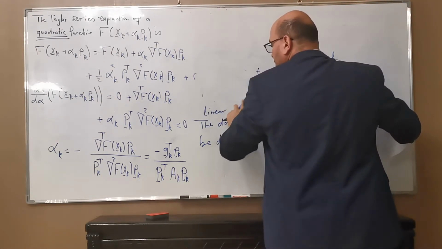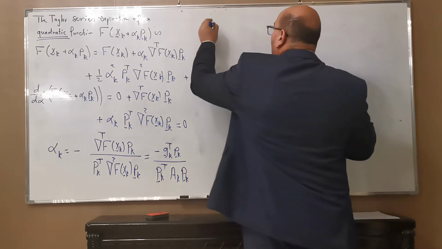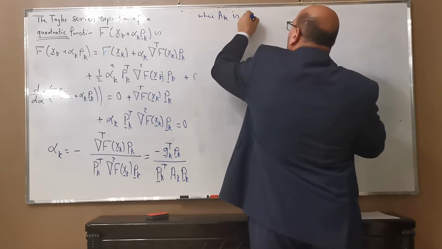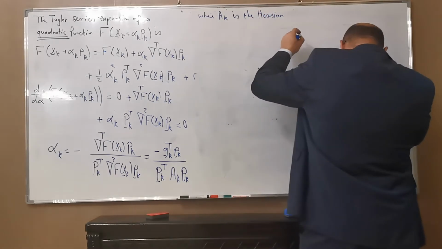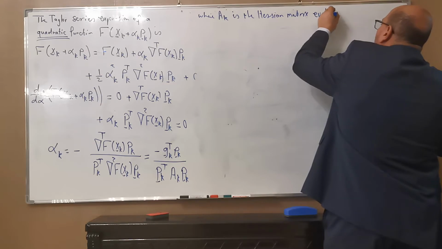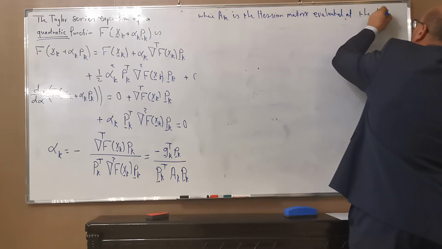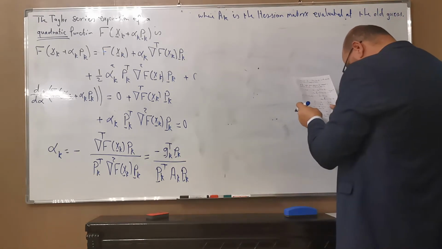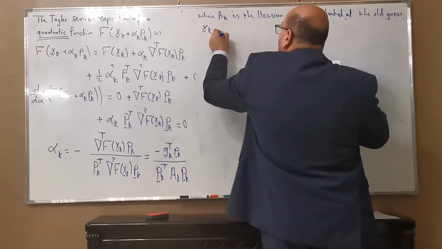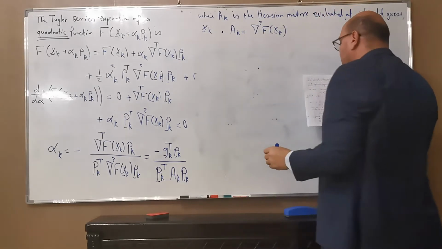So Ak is the Hessian matrix evaluated at the old guess, xk.